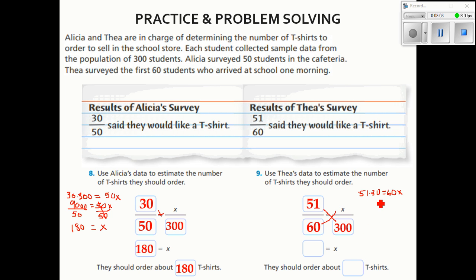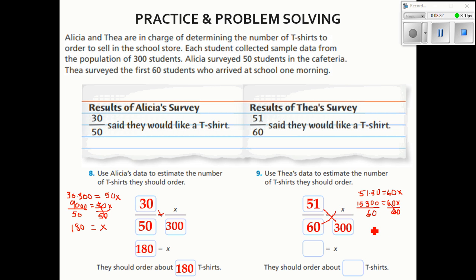Well, 51 times 300, I'm trying to do this in my head as best I can, I'm going to go with 15,300, and that has to equal 60x. Once again, I'm going to divide 60 from here. Whatever I divide from one side, I divide from the other side.